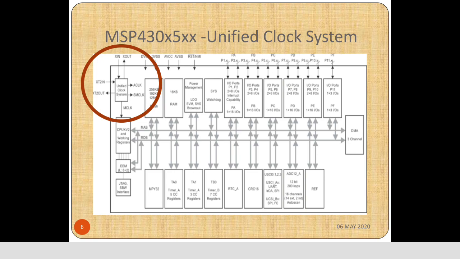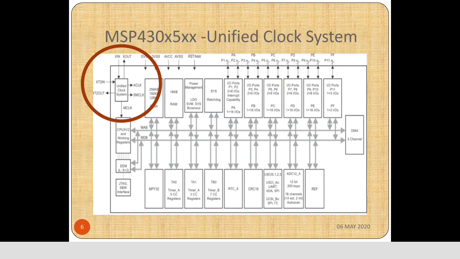X in 1 we use for low frequencies and higher frequencies. X in 2 we use for higher frequencies only. So if you want to operate with lower frequencies, we use X in 1. If you want to operate at higher frequencies only, then we can go for X in 2. If you want to change between lower frequency and higher frequency during operation, then we prefer X in 1.